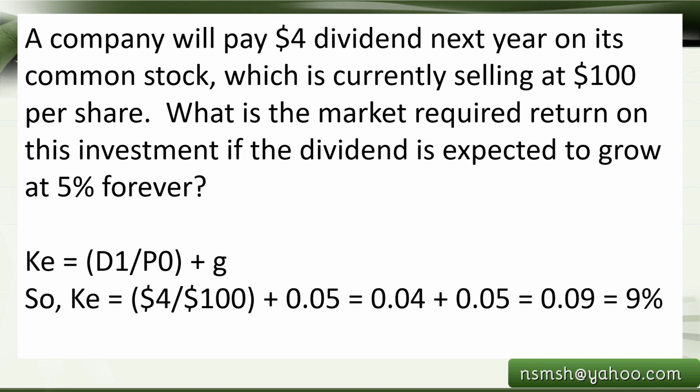We apply it: the company will pay a $4 dividend on this $100 share next year. Then you add the growth rate. So you get 4% for this calculation plus the growth rate of 5%. So you get 9% as the answer.